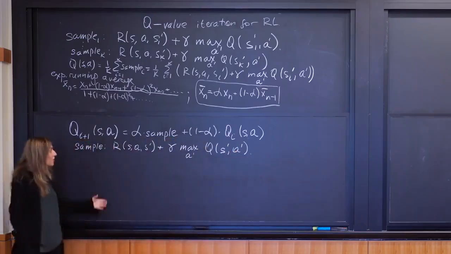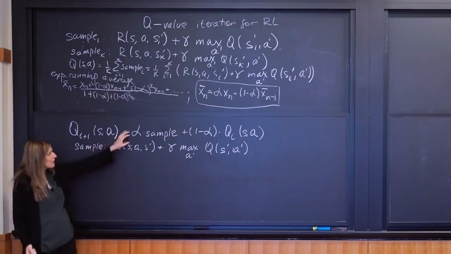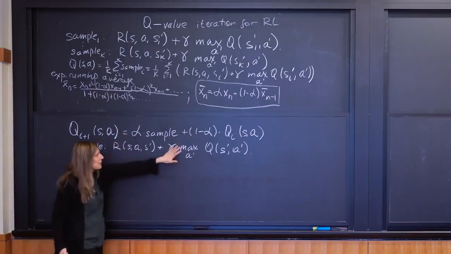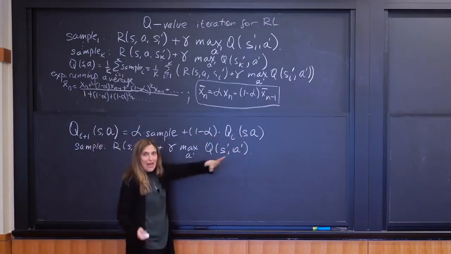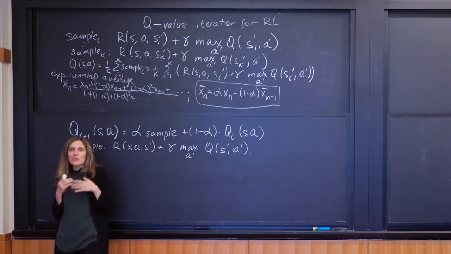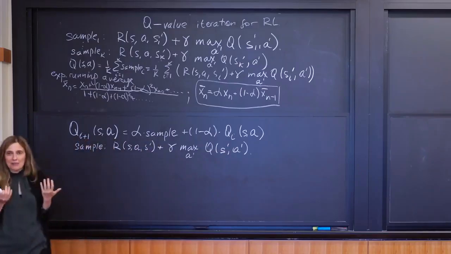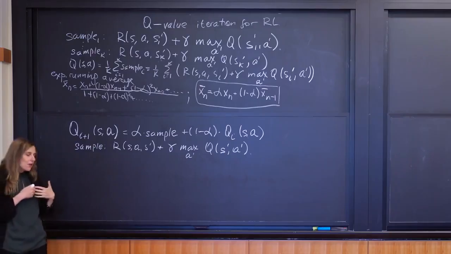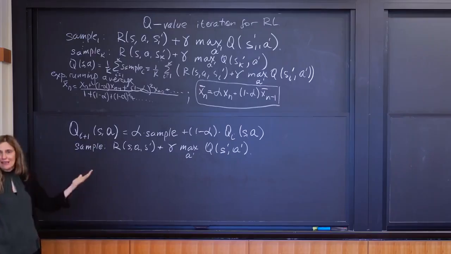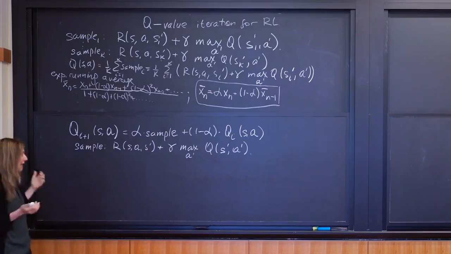As you can see now, we have alpha multiplied by this expression plus 1 minus alpha Qi(s, a). And now we're in a position to do our normal estimation of the Q value iteration.